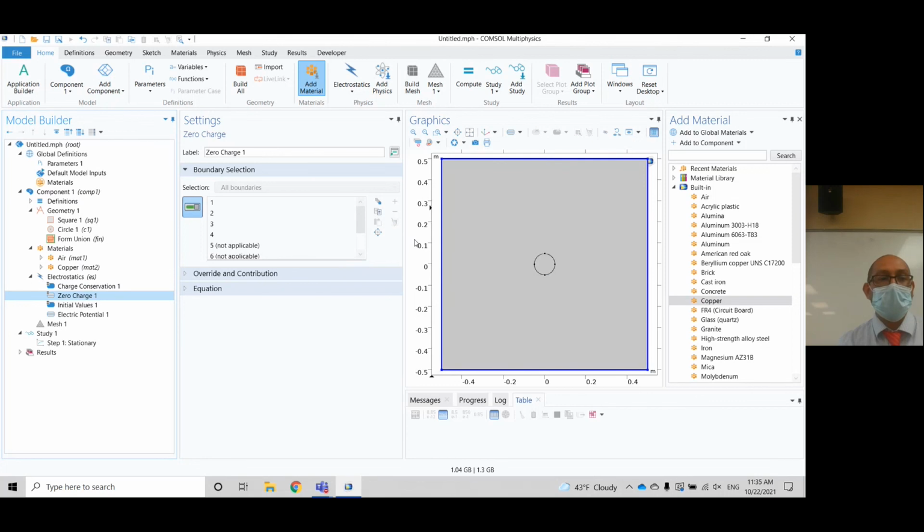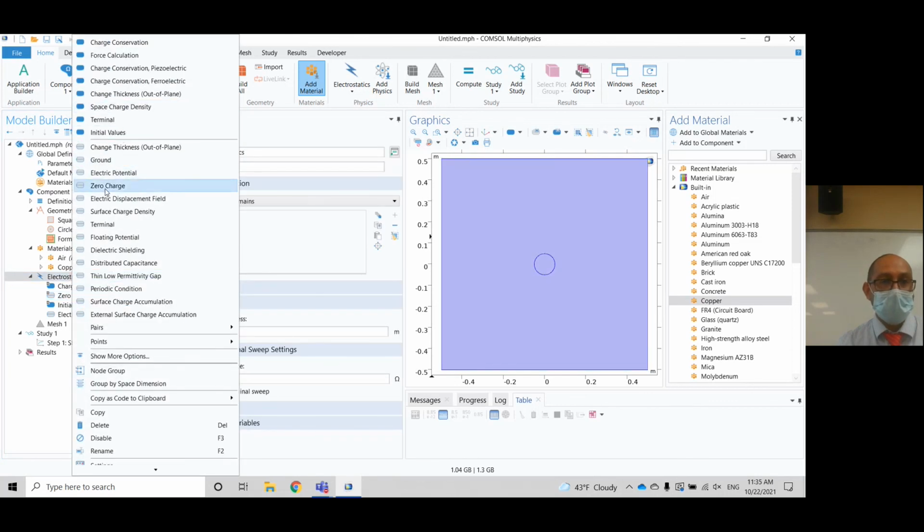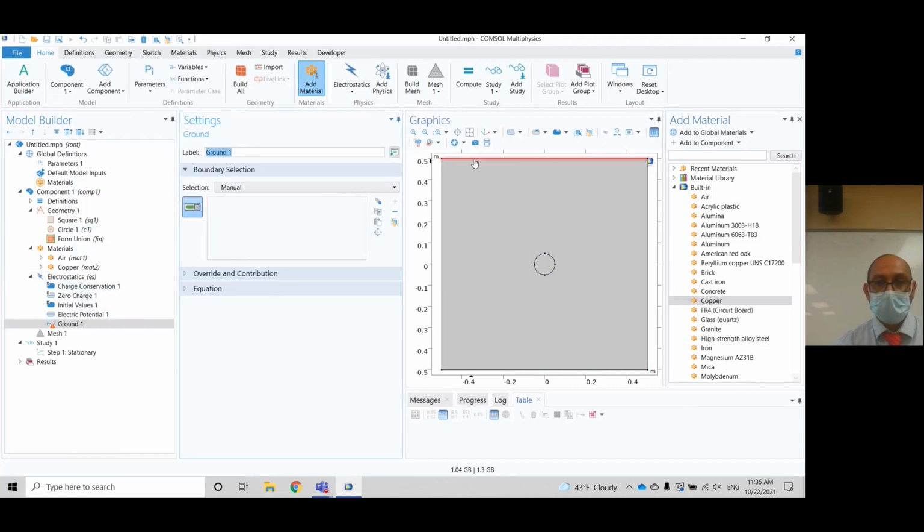I'm going to be a little more specific, and I'm going to say, okay, you know what? I want the outside to be ground. So all these are going to be ground. With this particular simulation, it doesn't affect much, but when you are simulating radio waves, if you don't ground your boundaries, then the wave kind of bounces back, and then you get different results.